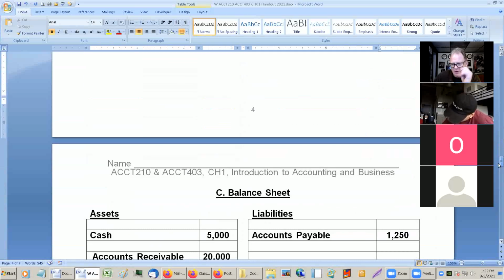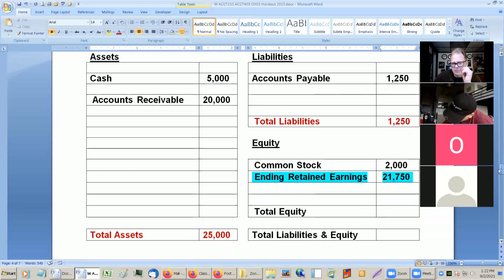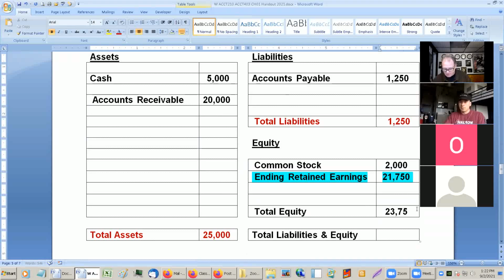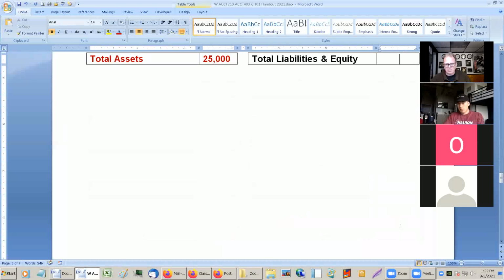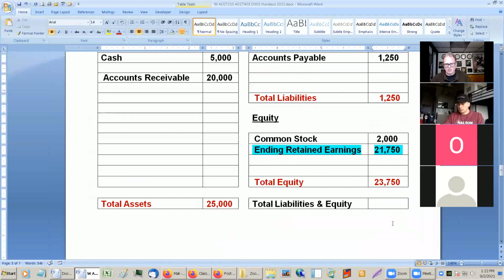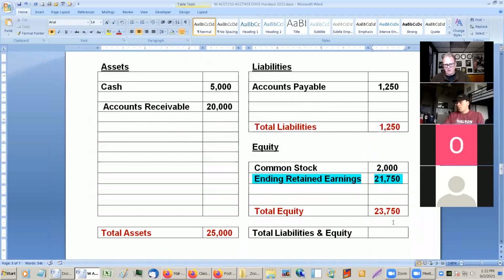So it has to be the ending retained earnings that we put in. Okay, so total equity is 23,750. And if we add these two together, they come out to 25,000.